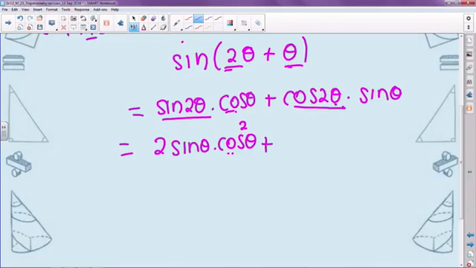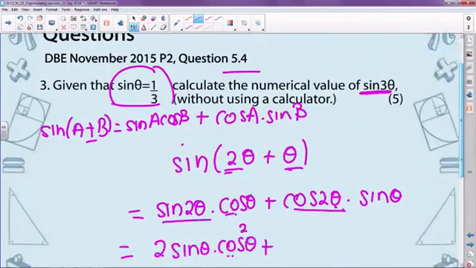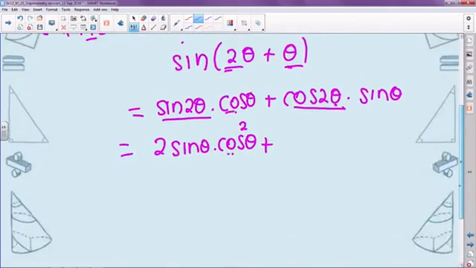There are 3 different options. But we want to work towards sine because that's the value we've been given. So I'm going to choose cos of 2 theta is equal to 1 minus 2 sine squared theta as my expanded form, times sine theta.